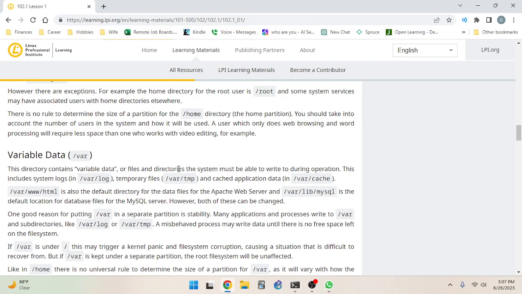So the /var directory contains variable data, or files and directories the system must be able to write during operation.